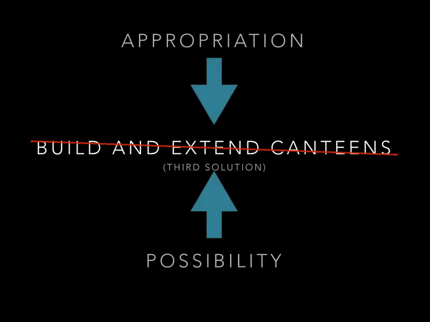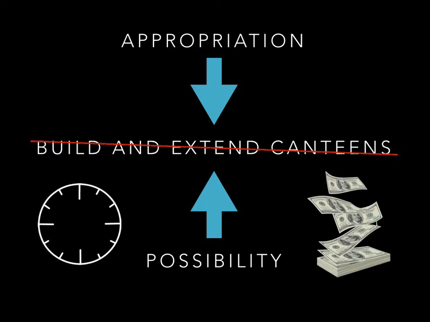For the solution that we are going to choose from the previous 3, we cut one out and use the other 2 as a combination. The solution that we cut out is building and extending canteens, because we think it does not suit our criteria of appropriateness and possibility very well, due to its high cost of investment in both money and time.